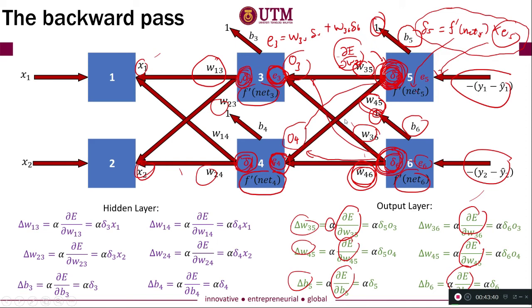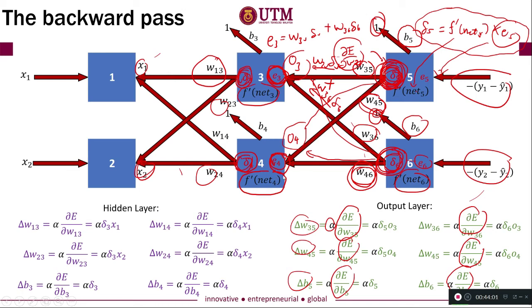Because of this arrow and this arrow going in that direction, you have W35 delta 5, and W36 delta 6. You add them together, then you get the E3.